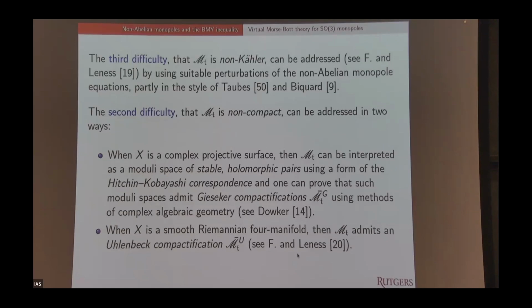So one of the assumptions we're making along the way to proving the conjecture we're ultimately after is to assume that the four-manifold is a complex projective surface, and then we can make use of more tricks from algebraic geometry to give at least an alternative path to the BMY inequality that's kind of distinct from the Morse theory approach. Of course, ultimately, we're interested in the case where X is a smooth four-manifold.